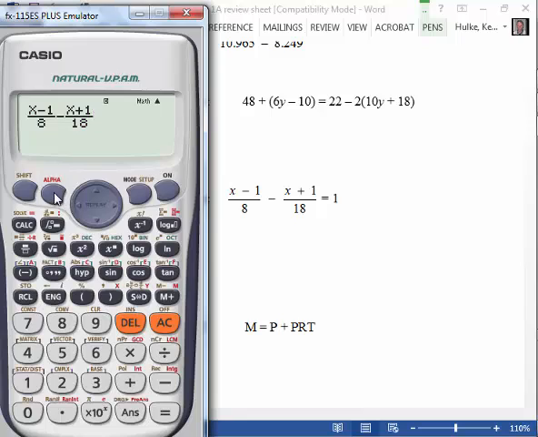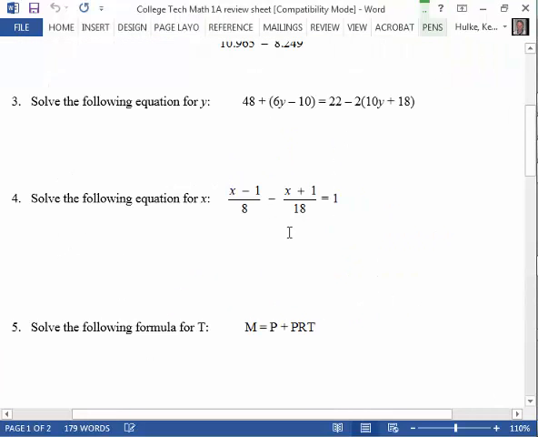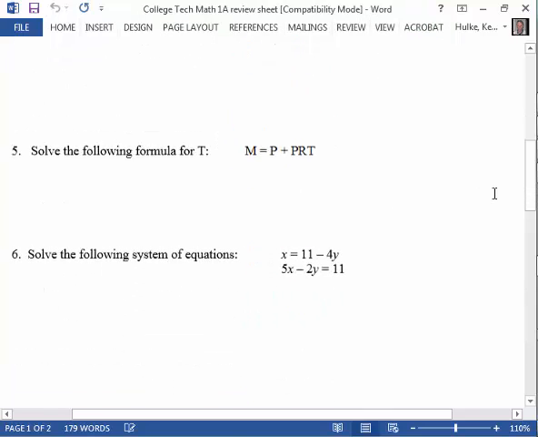Remember, you have to press alpha equals 1 and then shift solve. Remember, last time it was -2. This time it is 17. I think that's what we wrote down, wasn't it? Yep, x is 17. Next one.